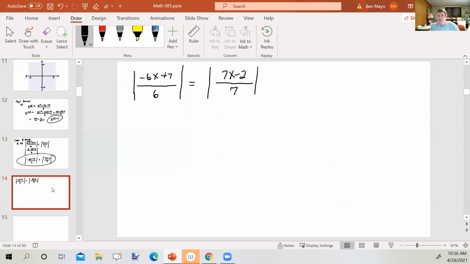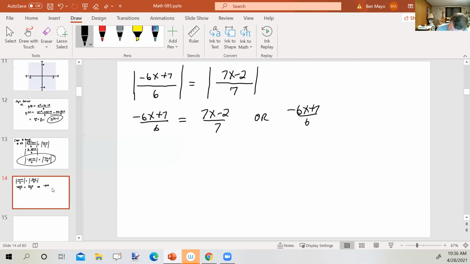Okay, so now I'm going to take what's inside the first absolute value bars, negative 6x plus 7 all over 6, equals what's inside the second set of absolute value bars, or what's inside the first set equal to the opposite of what's inside the second set.